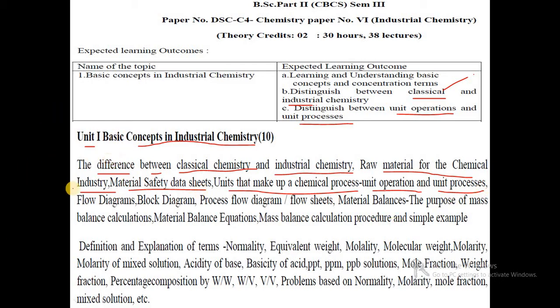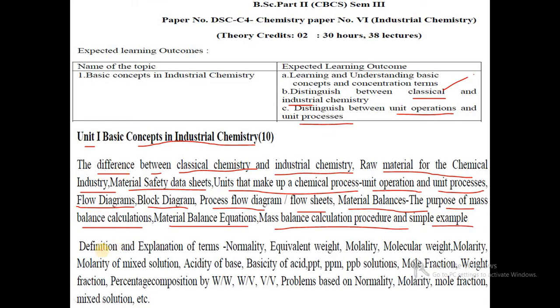Then we will see flow diagrams, block diagram, process flow diagram, flow sheets, then material balance, the purpose of mass balance calculation, material balance equations, then mass balance calculation procedure and simple examples.